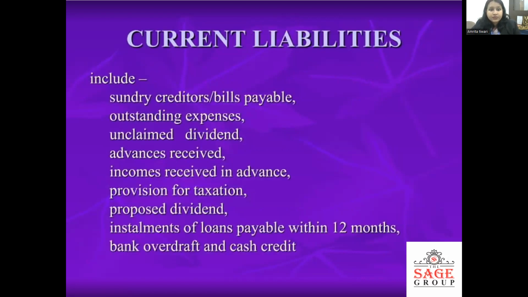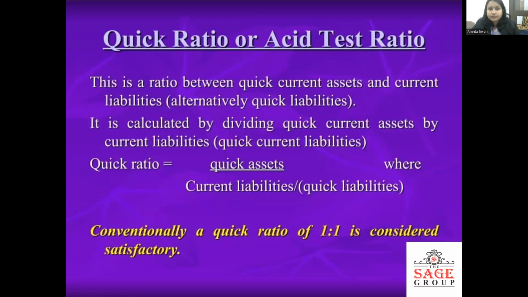Current liabilities include sundry creditors, bills payable, outstanding expenses, unclaimed dividend, advances received, income received in advance, provision for taxation, proposed dividend, installments of loans payable within 12 months, bank overdraft and cash credit.